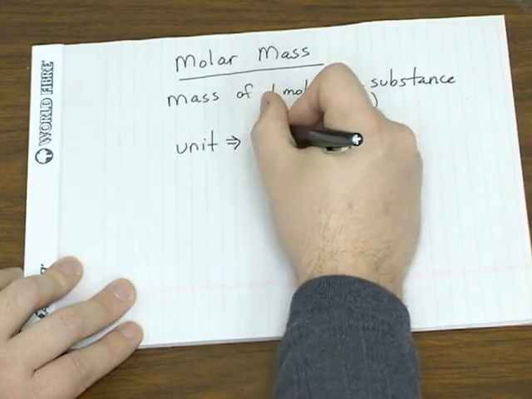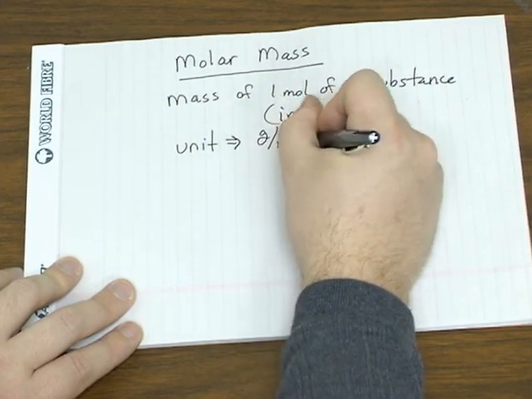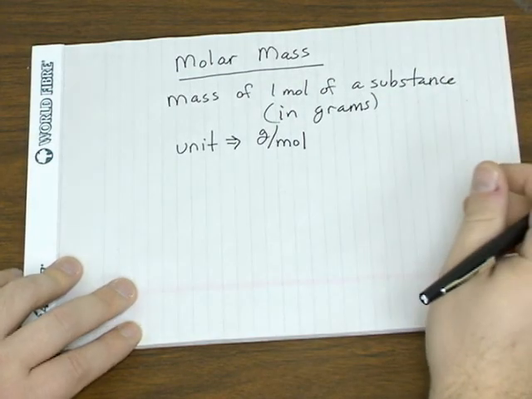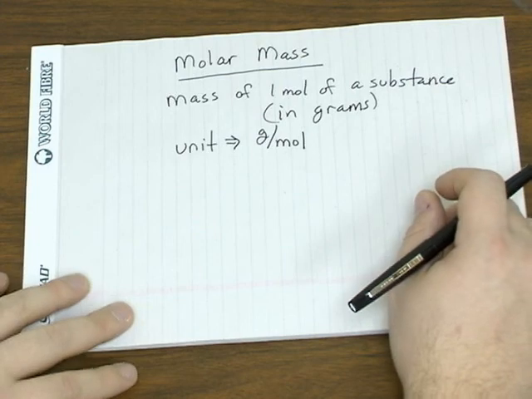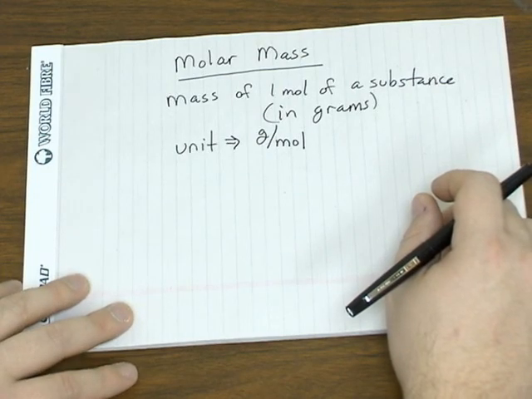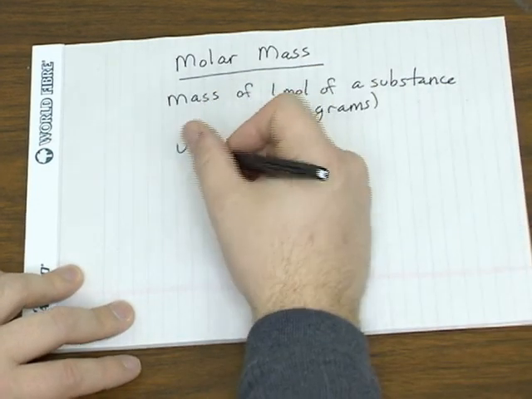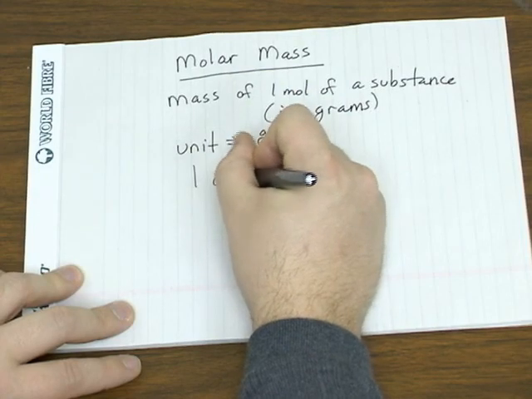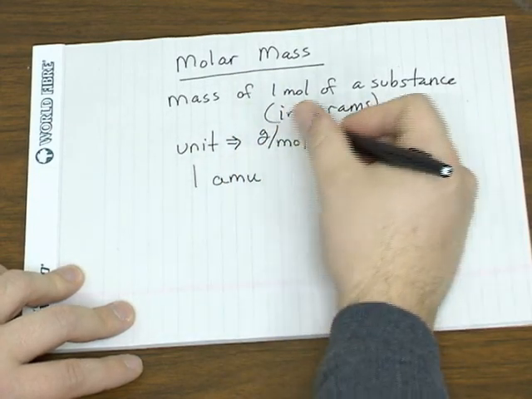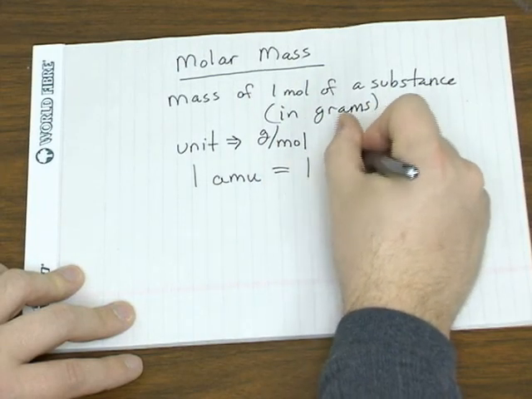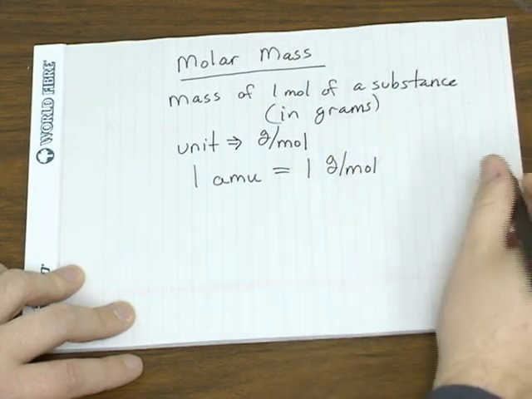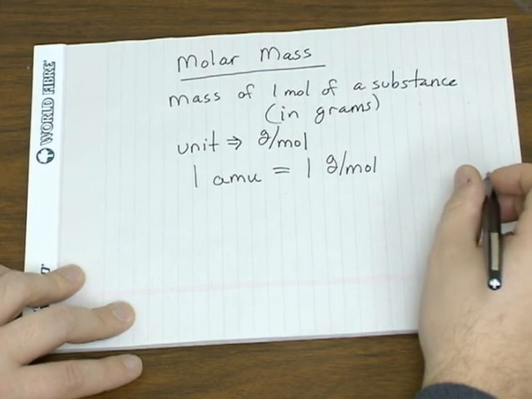So the unit of molar mass is so many grams per mole. And the way it works out, if you have 1 atomic mass unit, that's equal to 1 gram per mole.